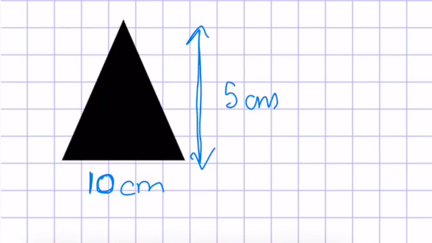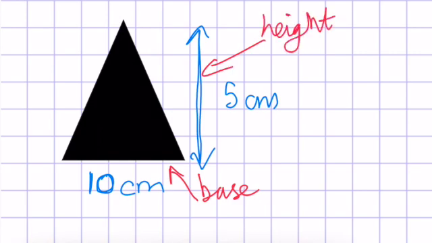Let's go through some examples. So, this triangle, we have the base here. We have the height here. So, we times them together. Now, I've said the base times the height. You can say the height times the base because, as you know, when you multiply two numbers together, it doesn't matter which order it is in.